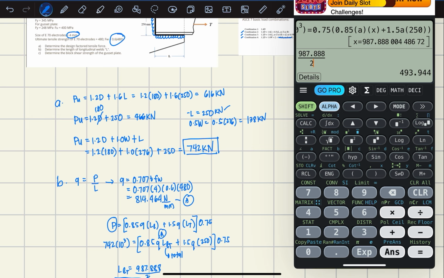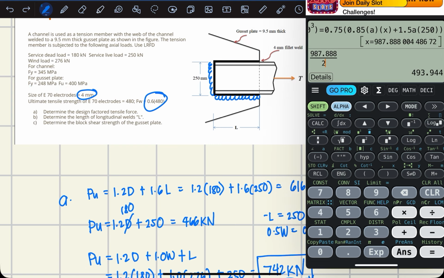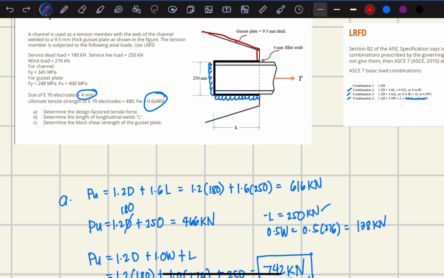For letter C, determine the block shear strength of the gusset plate. So now, what is required is the block shear of the gusset plate. This is the gusset plate, and the properties of the gusset plate are given.